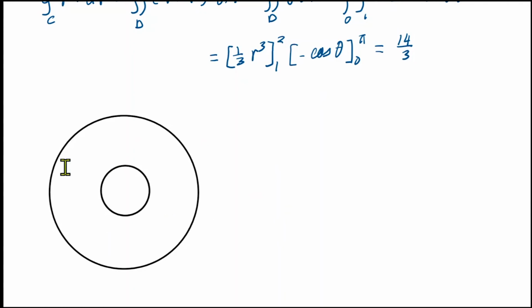This is our D, this much, not here. How the heck are we going to evaluate this? So suppose we want to do this double integral over D, D being this inside, not here.